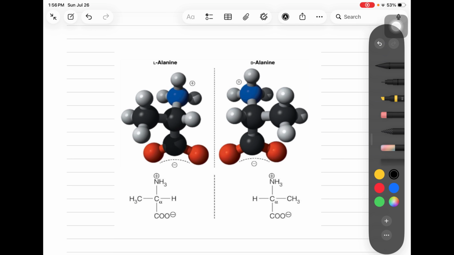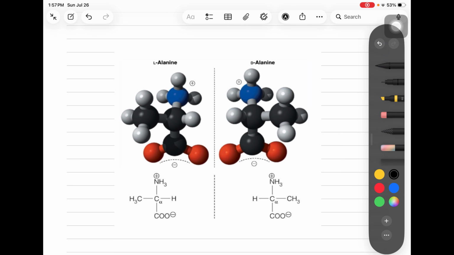A characteristic of a chiral center is that it needs to be bonded to 4 different groups or atoms, and it means the molecule can exist in 2 mirror image versions that are not superimposable on each other, which would be this one and the other one. Look at your hands. They look like mirror images, but they won't be superimposable if you want to put them on top of each other. Your thumbs would be on the other side.